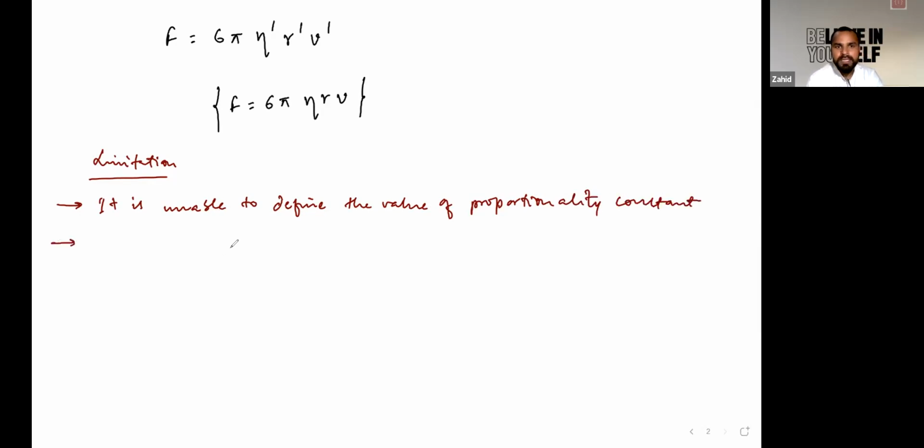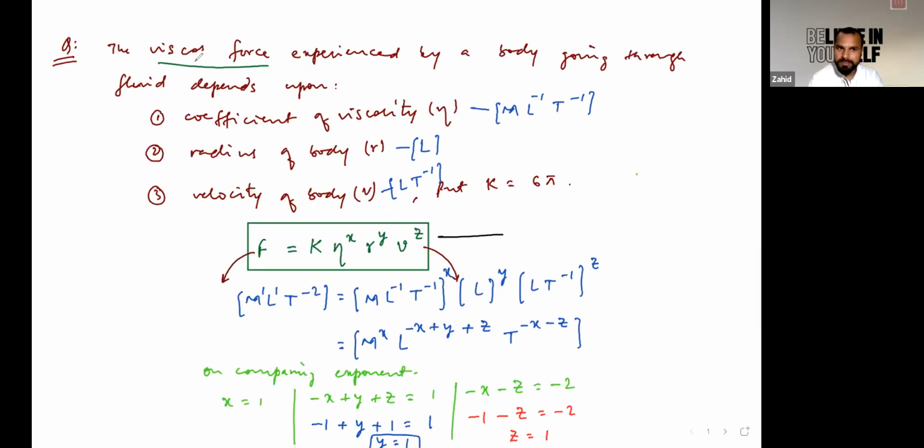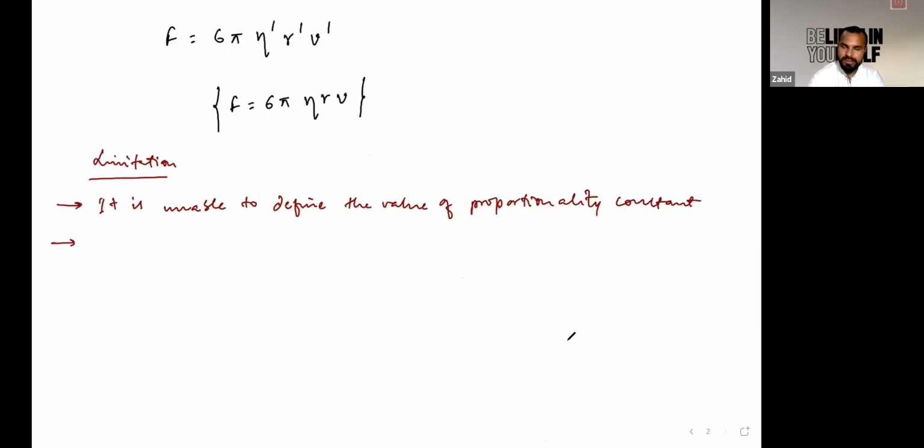Next is, in all of the previous problems, I defined the dependency of a given quantity on maximum of just 3 terms. Since dimensional analysis is applicable to derive a relationship up to maximum of just 3 terms, beyond which it will give you sometimes correct result, sometimes wrong result.